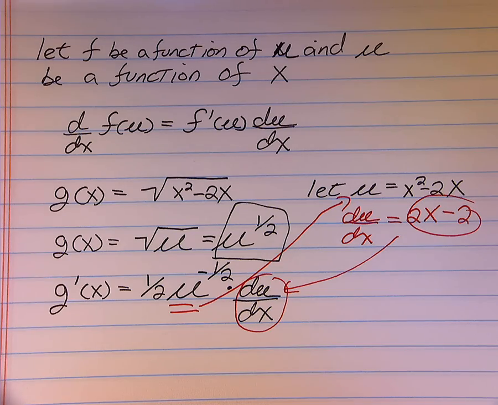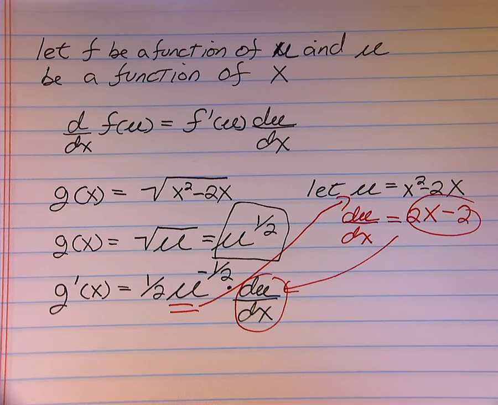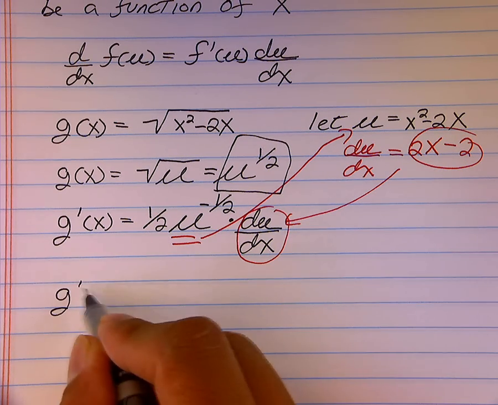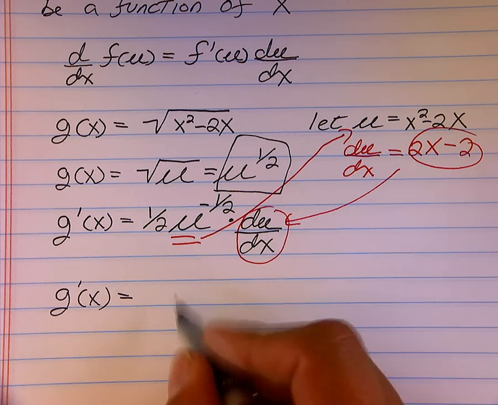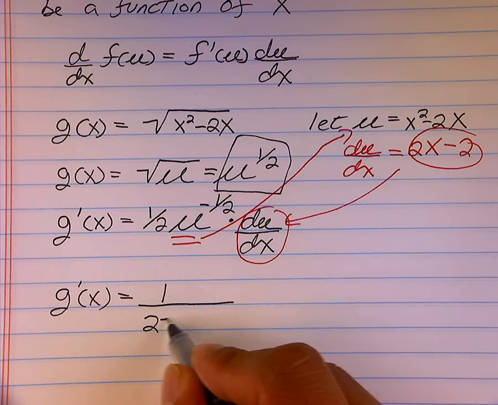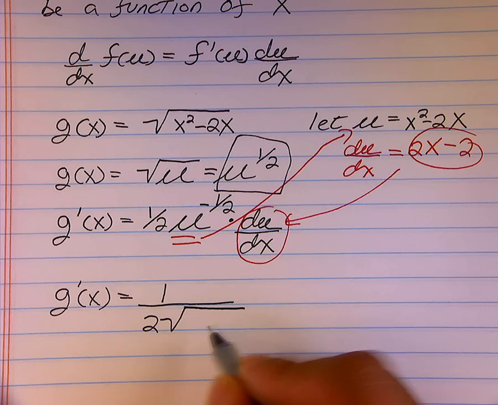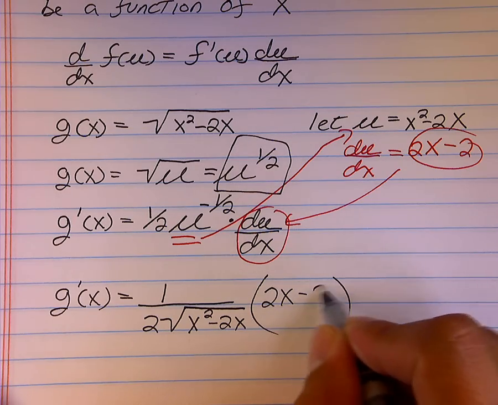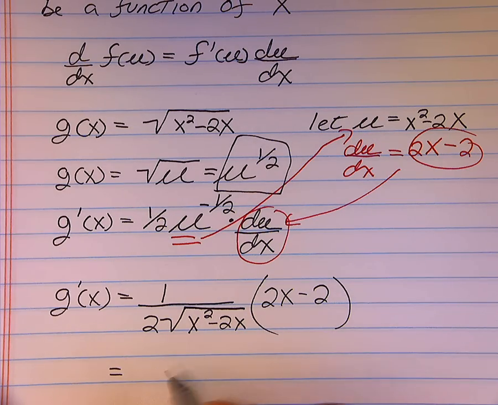From there, I'm going to back substitute out the u, and I'm going to back substitute out the du dx, giving me, rotate my camera a little bit, g prime of x equals, I'm going to put a 1 on the top, 2 on the bottom, the square root of u, which is x squared minus 2x, times du dx, which is 2x minus 2. I'm going to simplify.